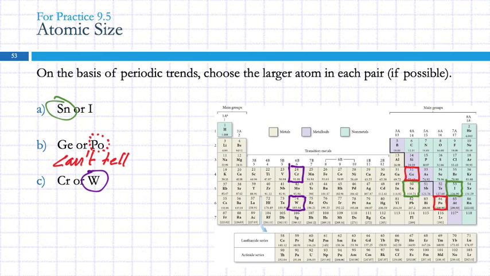So the way I recommend keeping this straight in your head is try to understand how this size thing works, okay? And then we can make sense of the others in relation to this. So, on the exam over this material, before you look at the questions, you might want to draw some lines on the periodic table that I give you and write out the trends before you start thinking too hard, right?